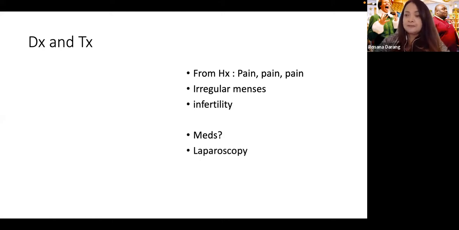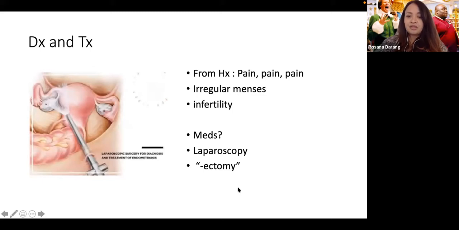Laparoscopy, okay, to diagnose the location of endometrial tissue. Where are they scattered outside of the uterus? And of course, treatment is ectomy, remove the endometrial tissue, probably remove the organ if there's so much endometrial tissue in that organ. So this is laparoscopic surgery, by the way, okay?